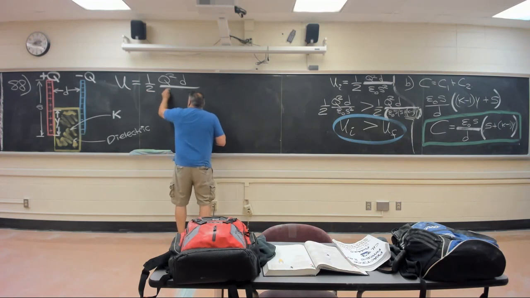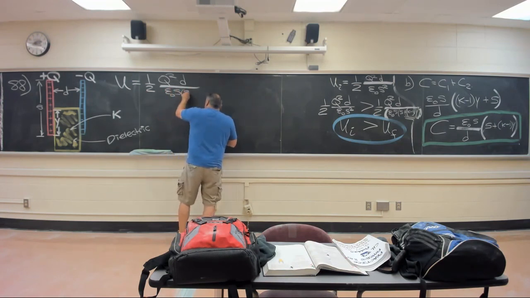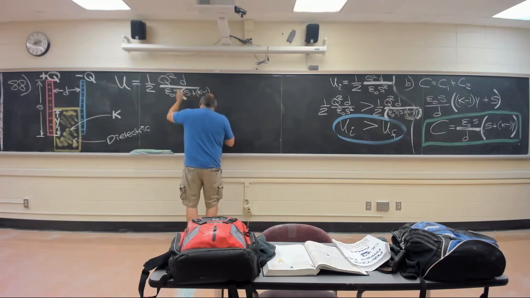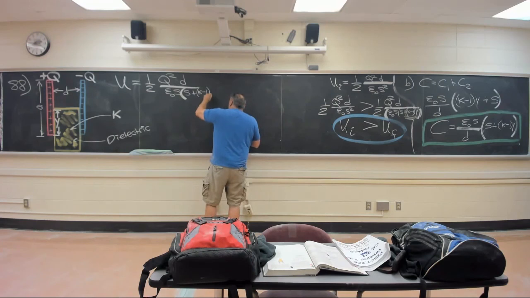And why can we do that? Because everything's okay when kappa is equal to 1. We're talking about 1 minus 1 is 0, and that's the end of the day on that.